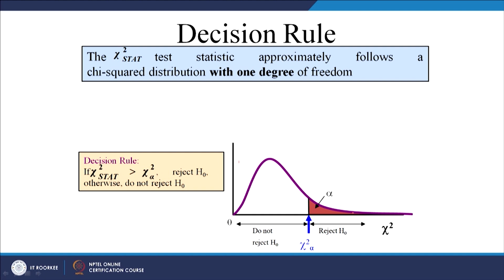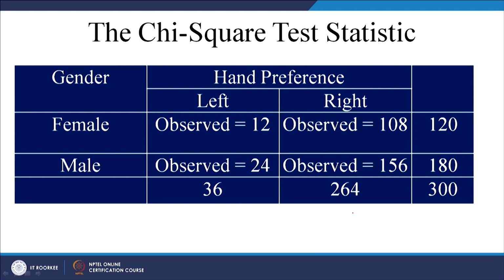So, let us look at this question, the chi-square test statistic. Let us say you have collected data from 300 people, out of them 120 were females and 180 were males, right. So, 120 females, 180 males.